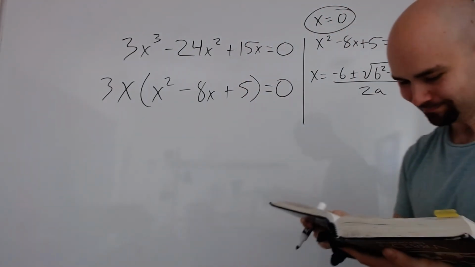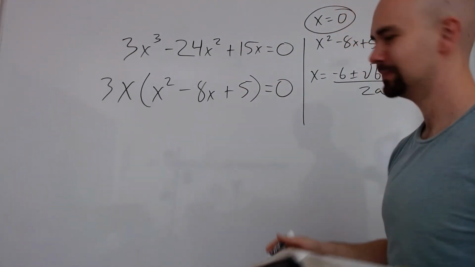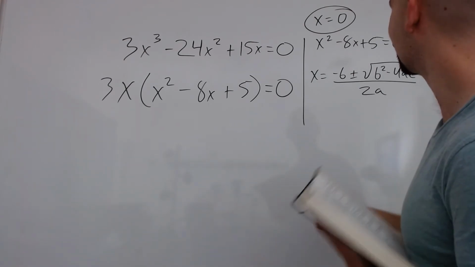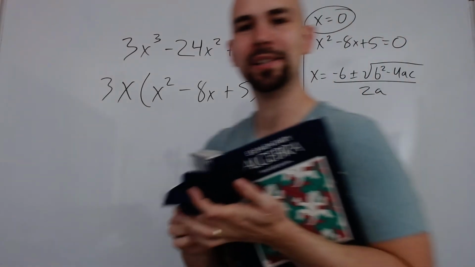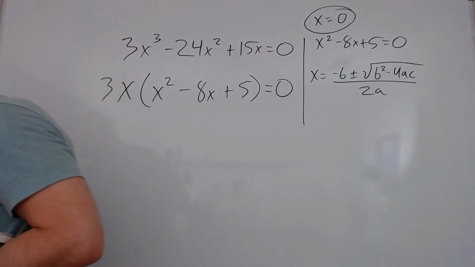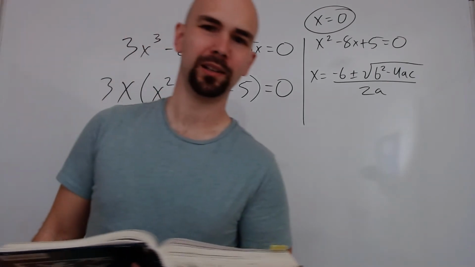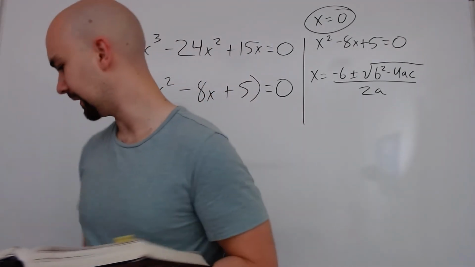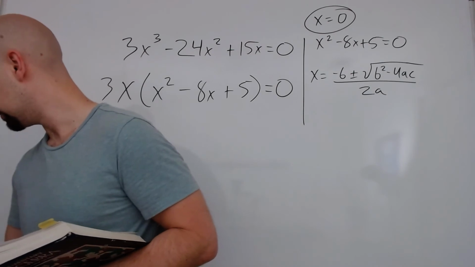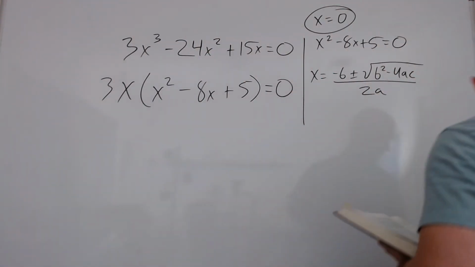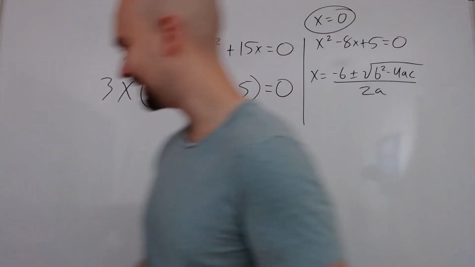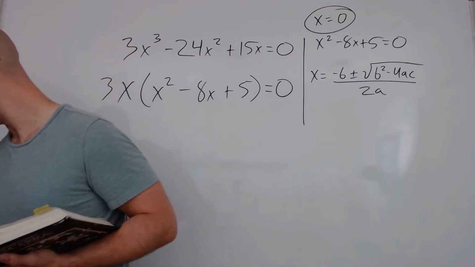Hooray for me. So now we got to plug in the values of a, b, and c. If you're at all lost, you can go to the last lesson because we did this extensively in that. Where's a good red marker? I'm not seeing my red marker. Oh well. Maybe I'll try using a blue one.